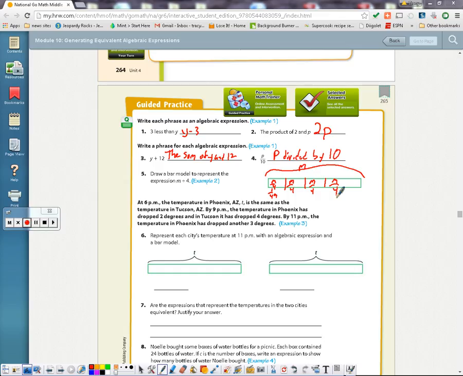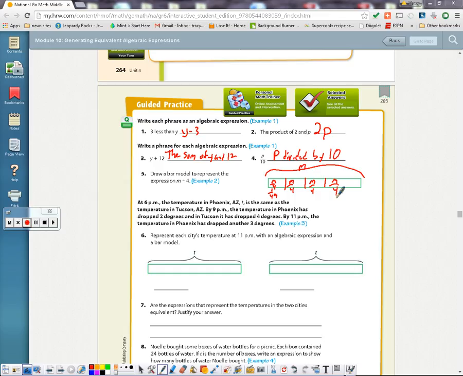Okay. So, at 6 p.m., the temperature in Phoenix, Arizona, which we'll call T, is the same as the temperature in Tucson, Arizona. By 9 p.m., the temperature in Phoenix has dropped 2 degrees, and in Tucson it has dropped 4 degrees. By 11 p.m., the temperature in Phoenix has dropped another 3 degrees.